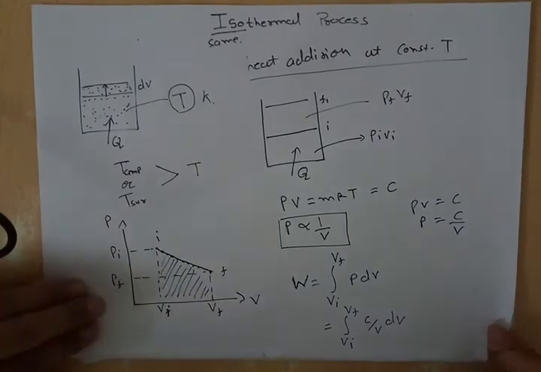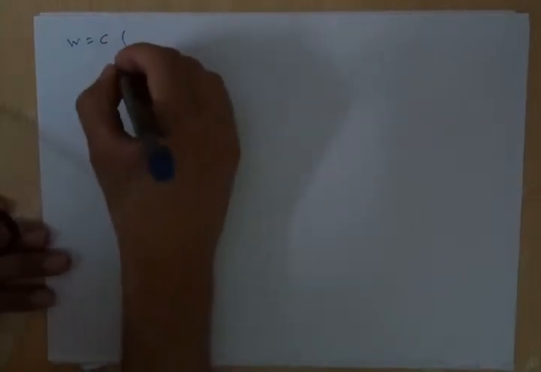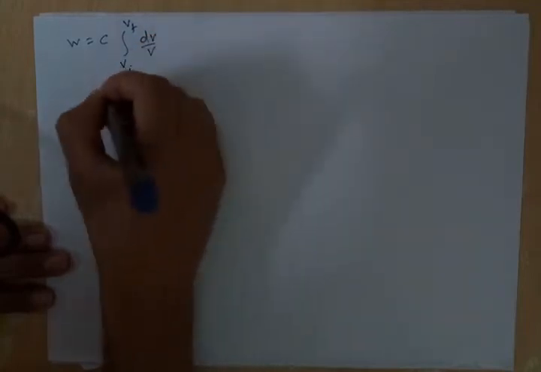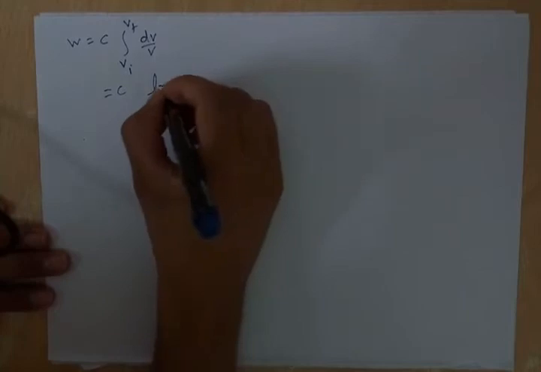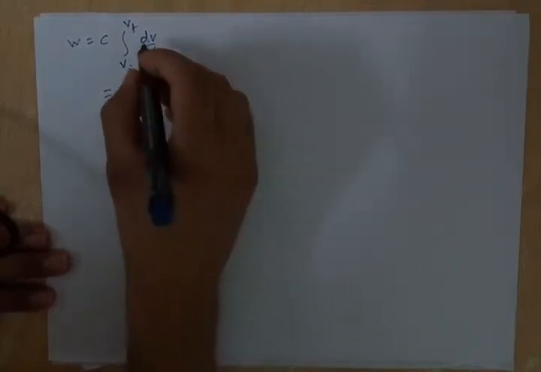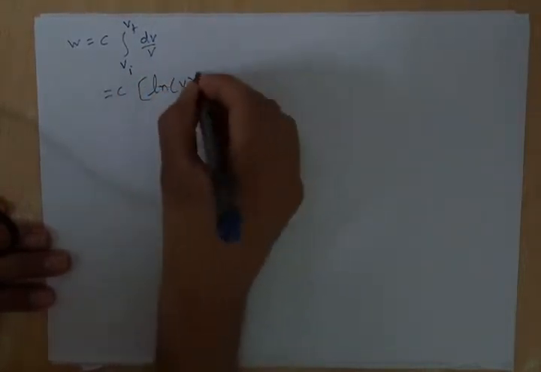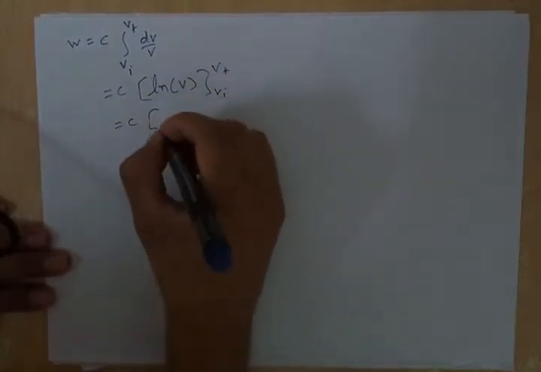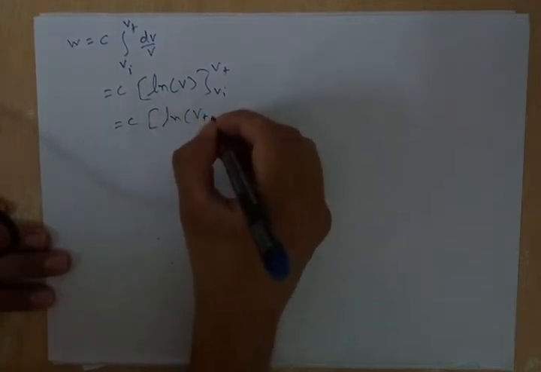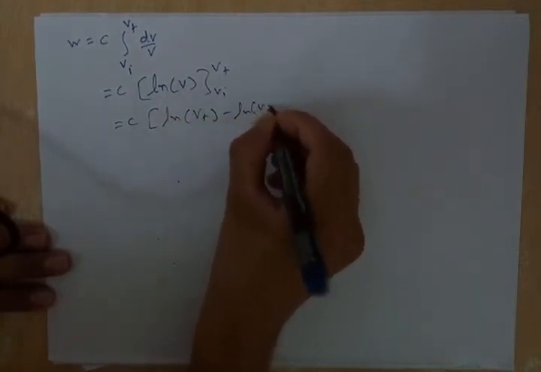Now we will evaluate this integral. So W is equal to, we can take constant term outside of integrand, C times integral from Vi to Vf of dV by V. Integration of 1 upon V is ln V. So we will take our limits, initial and final, and we will get ln Vf minus ln Vi.